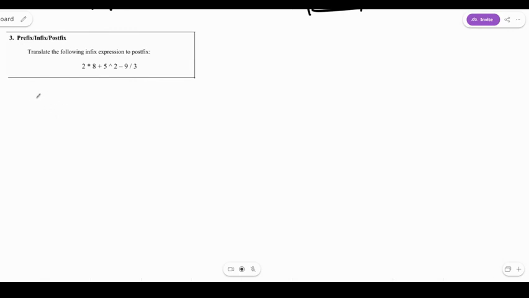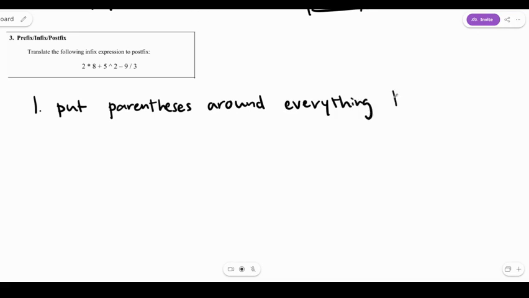Okay, so the first step that you have to do is put parentheses around everything. Parentheses. I promise I know how to spell. Put parentheses around everything that you can using the rules from the order of operations.